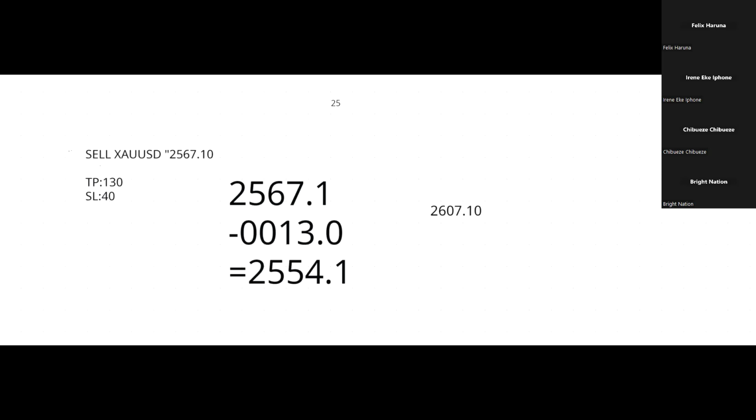Yes, I'm putting 30 because the first one I used 20. So we always remove the last figure. Is that what you mean? Yes. Then I'm wrong.